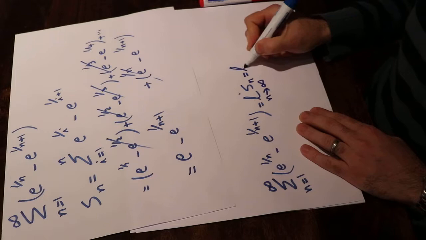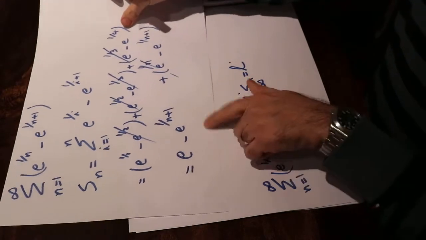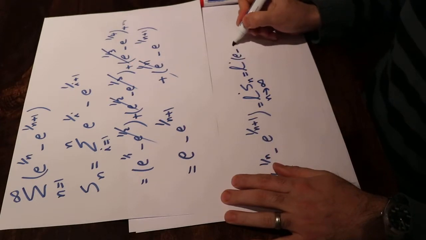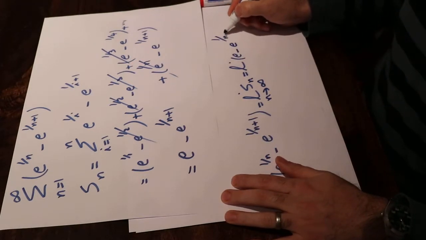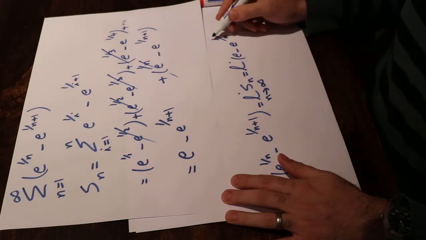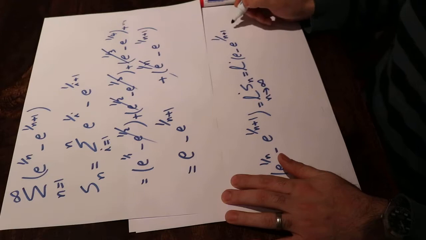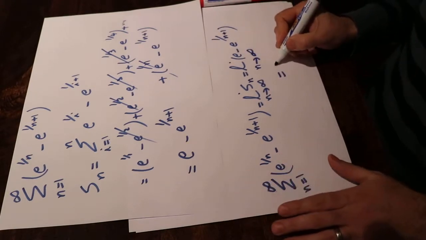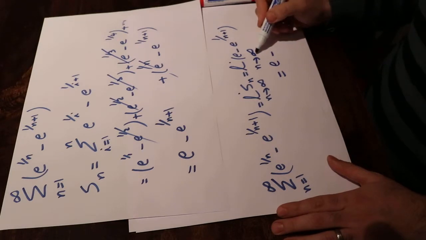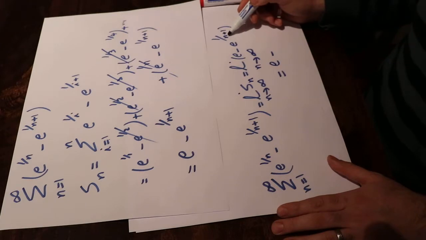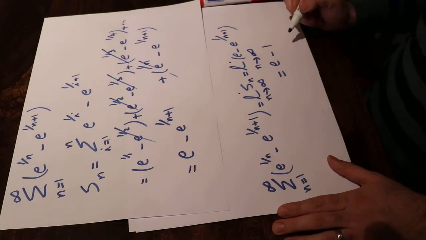Because we calculated that Sn is equal to e minus e^(1/(n+1)), this will be e minus, when n is infinity, 1 divided by infinity plus 1 is equal to 0, and e to the power of 0 is equal to 1.